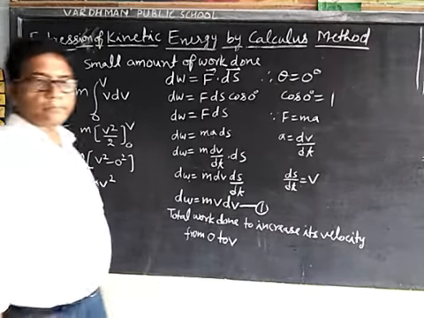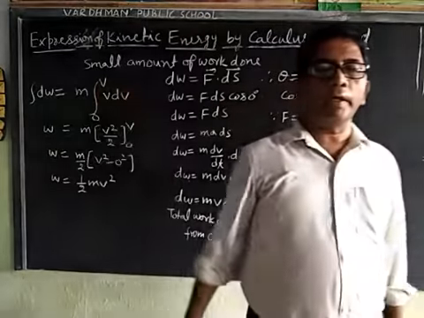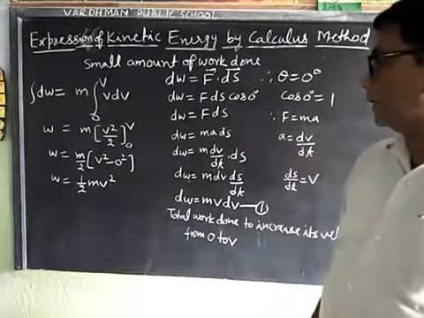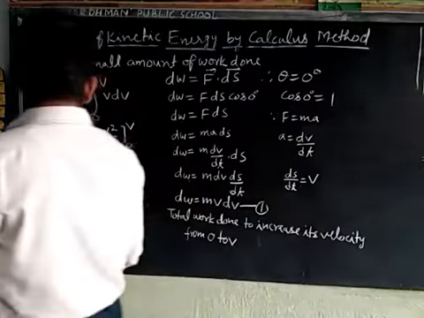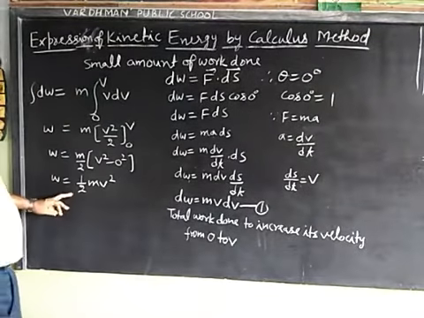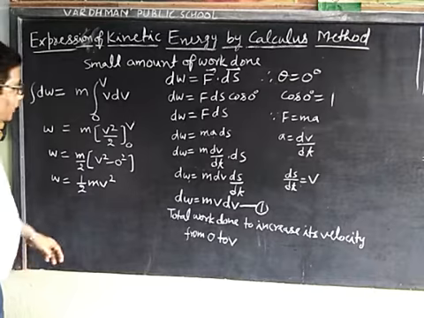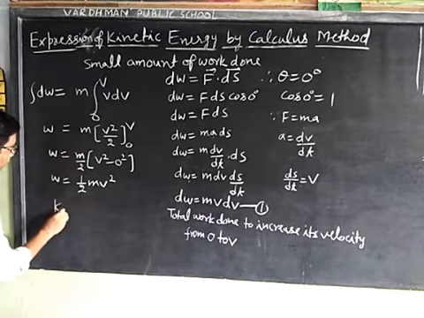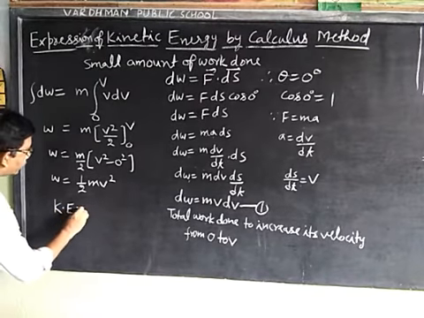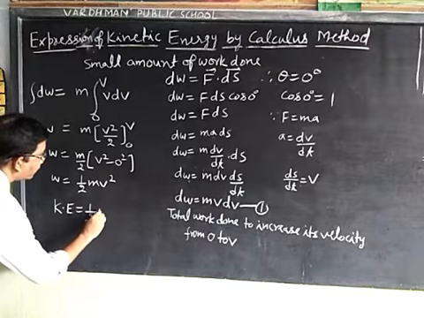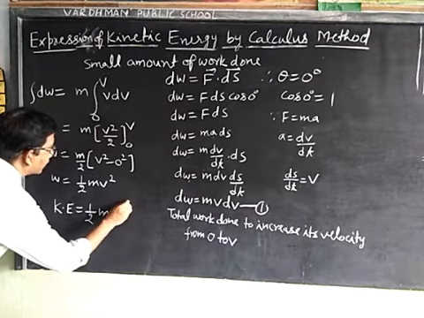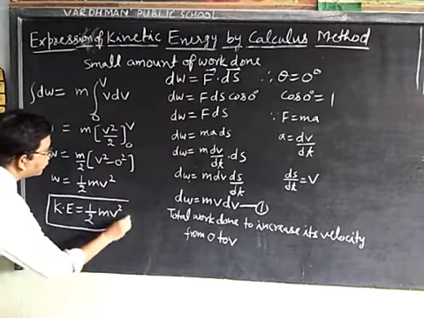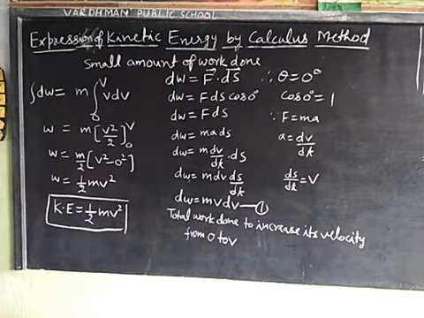This work done appears in the form of kinetic energy. Therefore kinetic energy is equal to half mv square. This is the expression of the kinetic energy by calculus method.